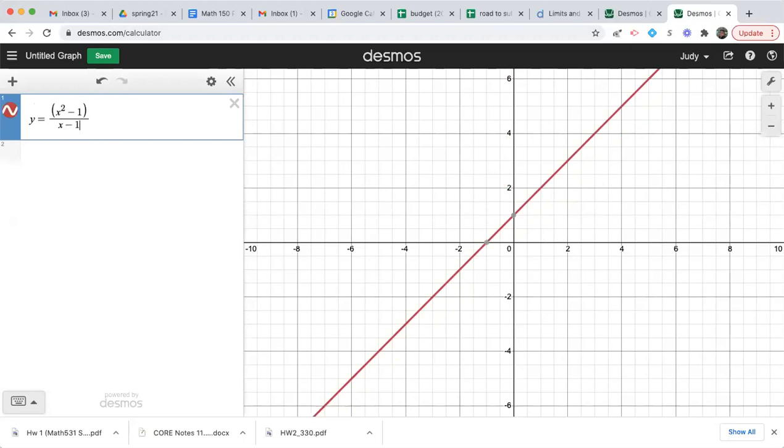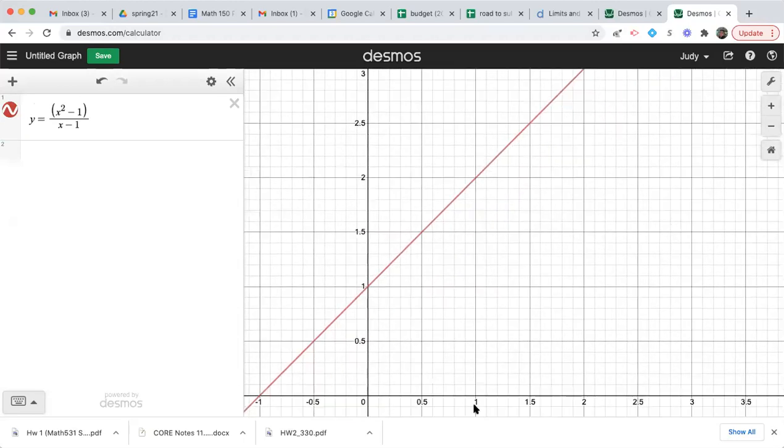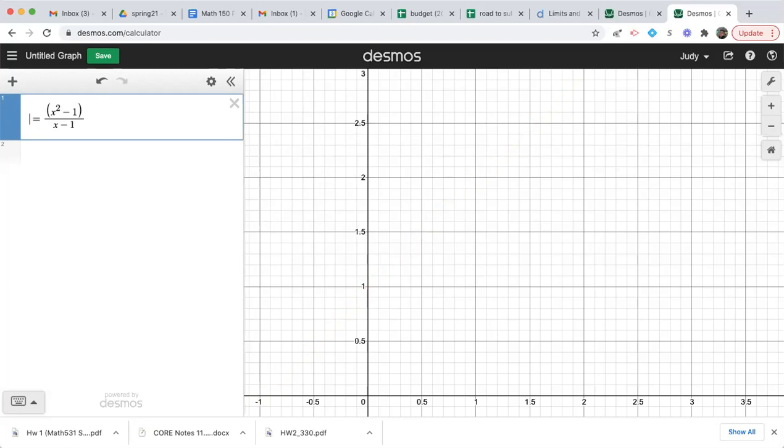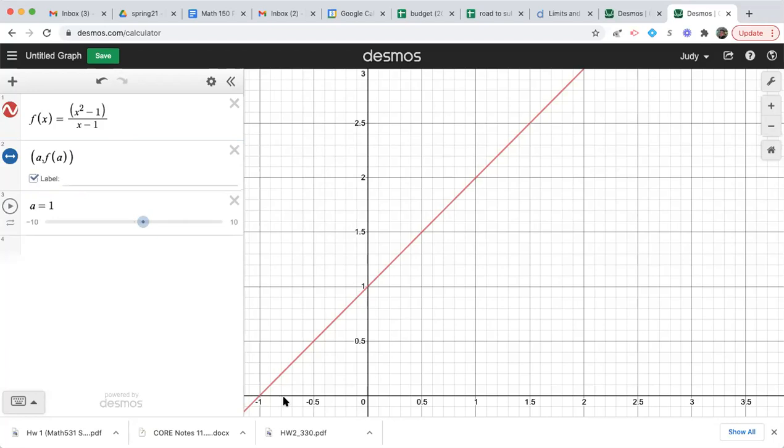Looks like a line, right? But let's get really close to where x equals 1. Okay, so x equals 1 is here. So if you like having a slider, like a point that you can move around, there it is.